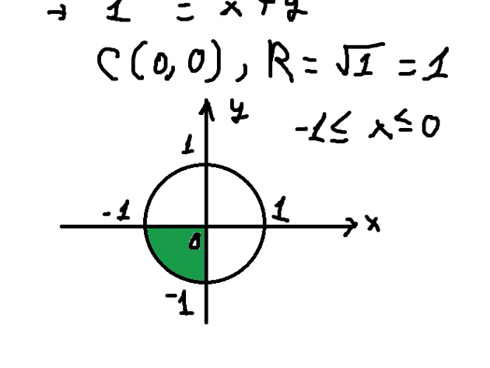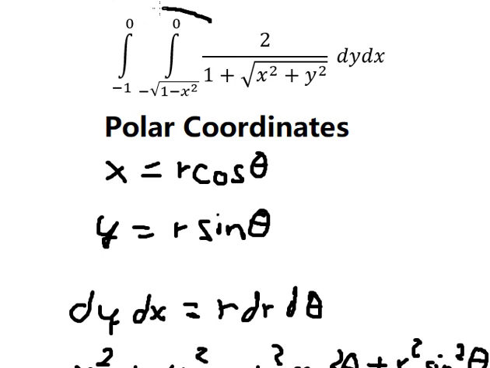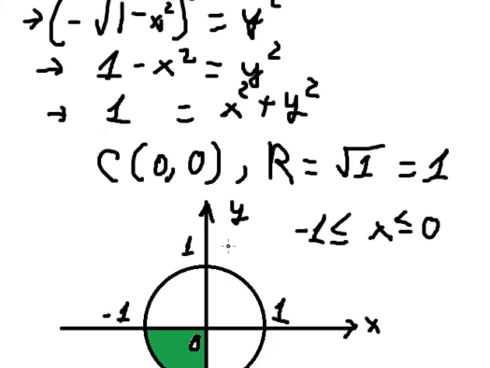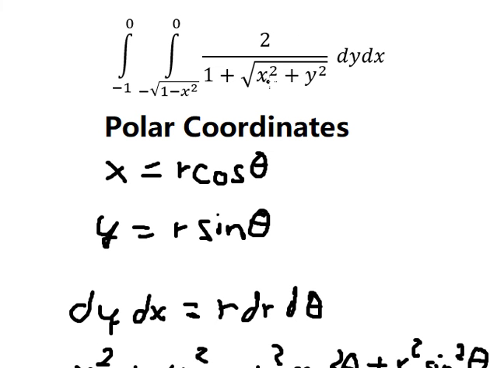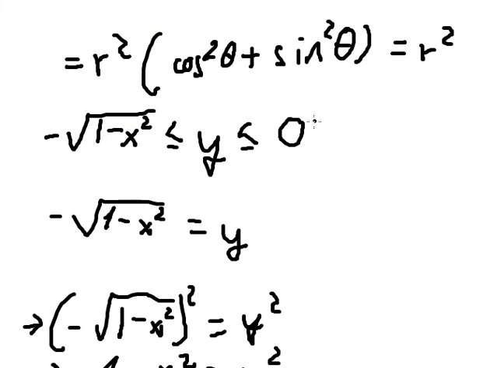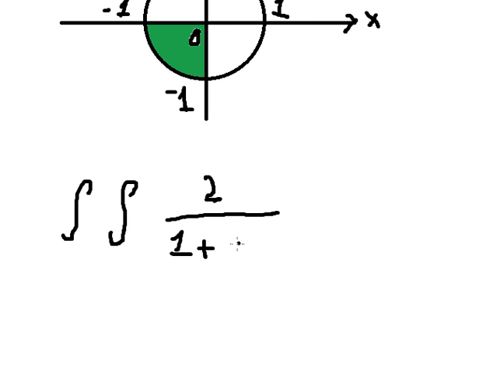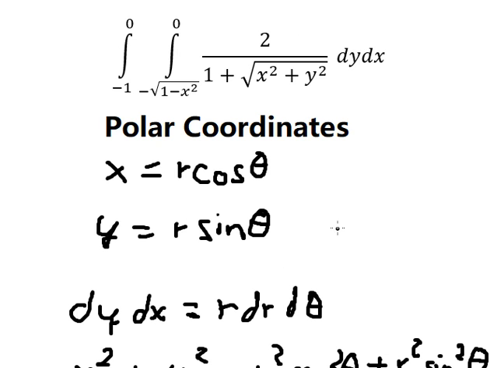Now we can change everything here. X squared plus y squared we change to r squared here. So we have the square root of r squared.